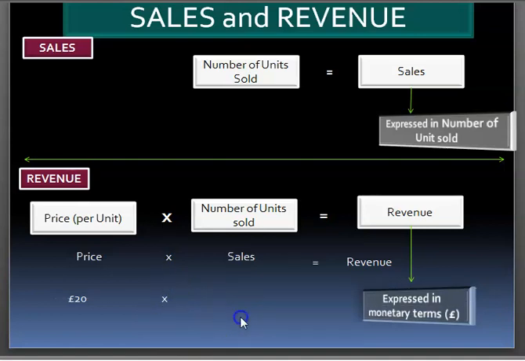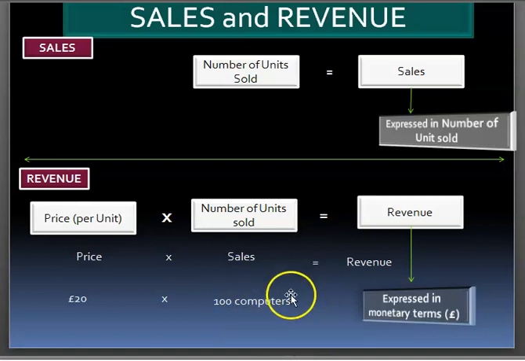Yeah, you've sold 100 computers. You can see that I put computers in there because it's not monetary, it is in units. Yeah, that is the unit. The unit you sold is 100 computers.